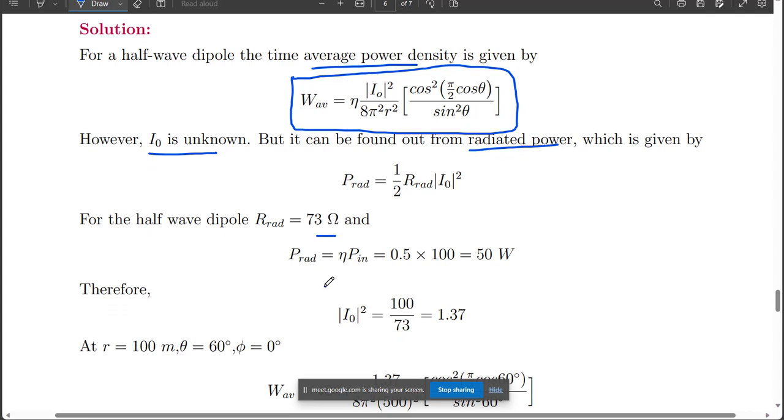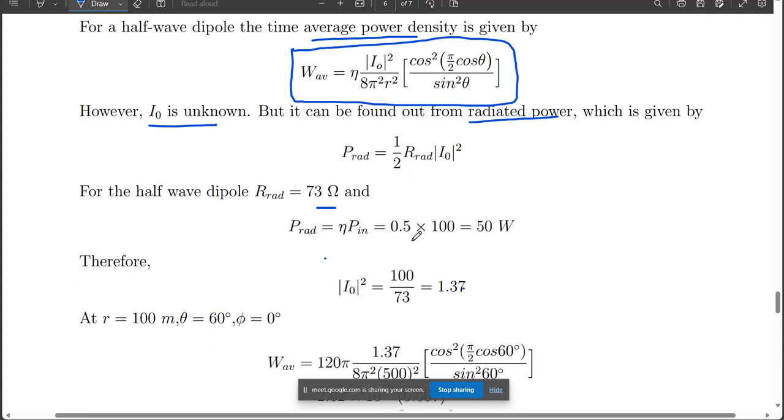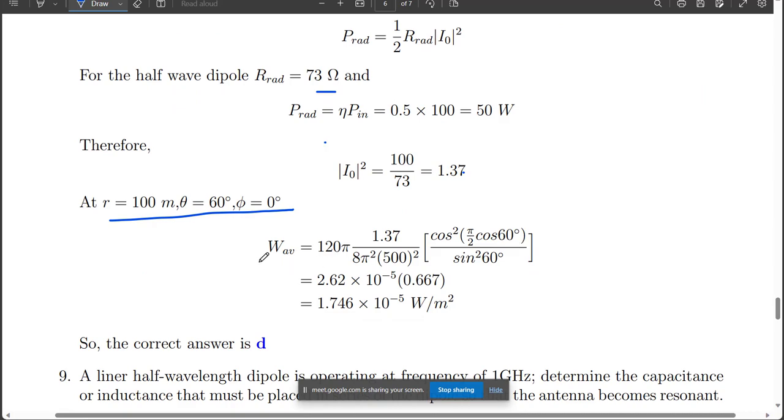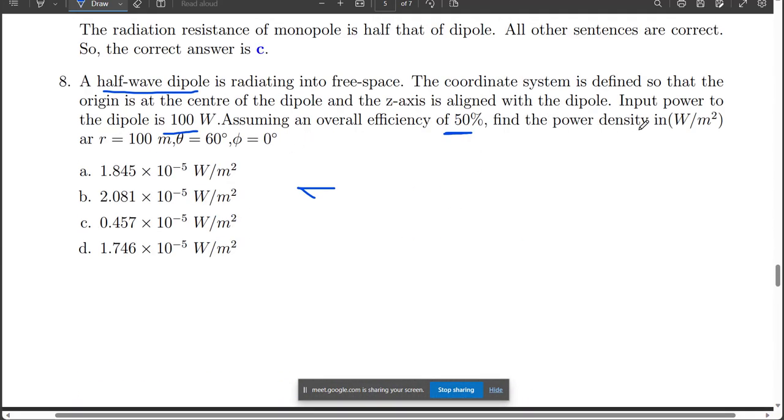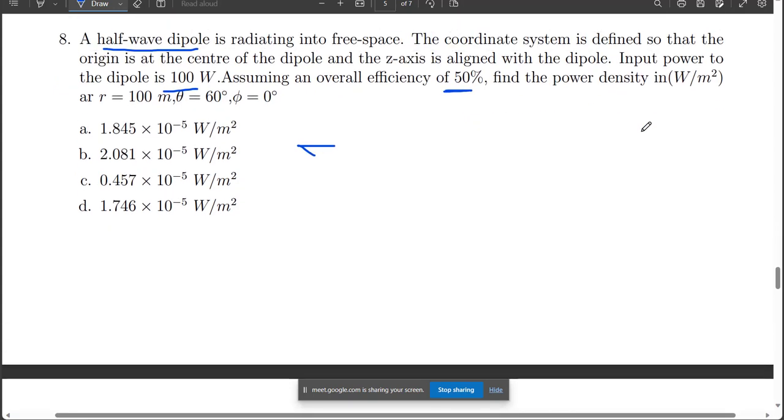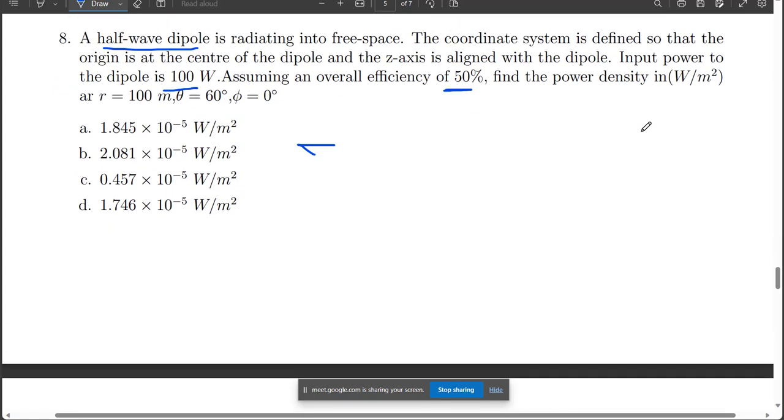Now we know the spherical coordinates. We'll put them here and we will be able to find the power density.